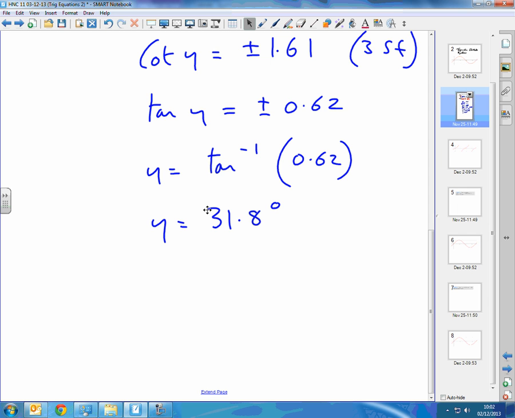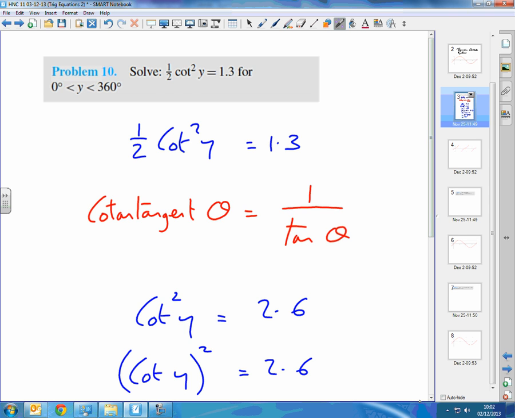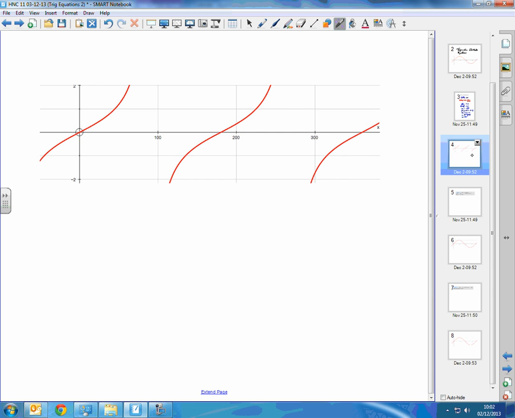So now we want to have a look at the tangent function here, and see what other angles will give us a tangent of 0.62. So we look at the tangent wave, which is here, and we're interested in the region between 0 and 360 degrees, which is here. And if we look at our answer, 31.8 degrees, it lies around about here somewhere.